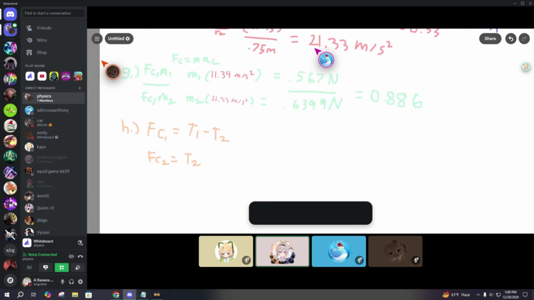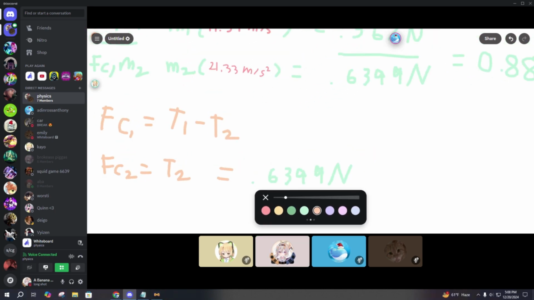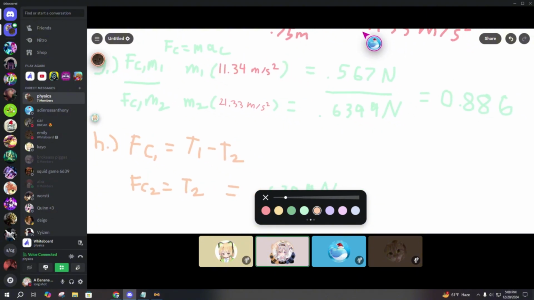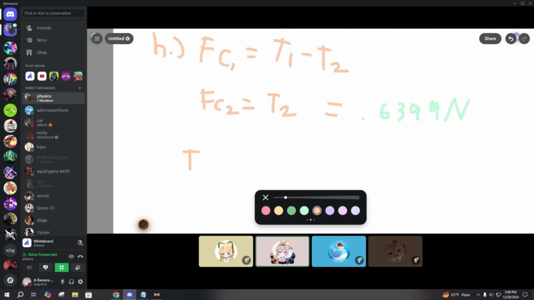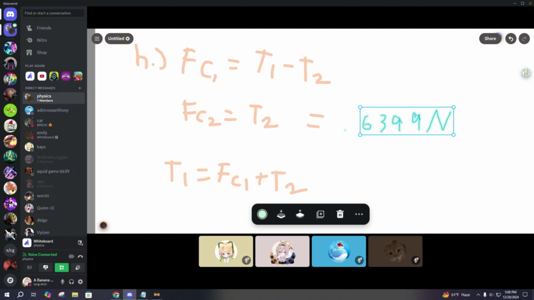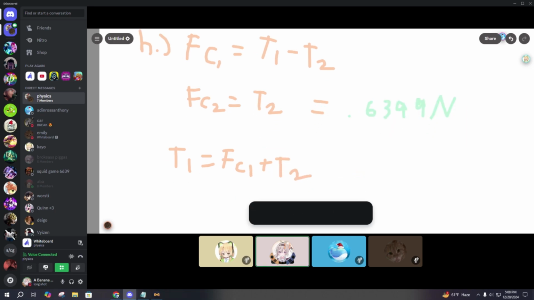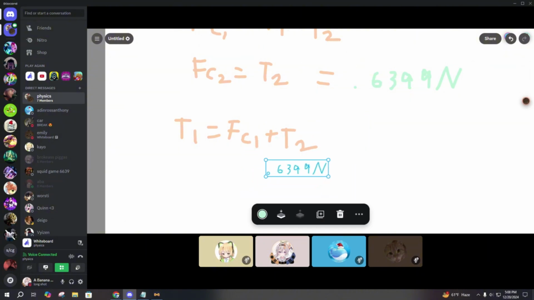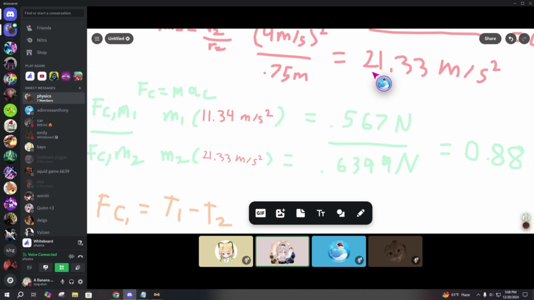So I already calculated FC2. It's FCM2, FC2. So this is what it is, and it's because of mass times centripetal acceleration. And now, to find T1, I need FC1 plus T2. So T1 is equal to FC1 plus T2. Well, this is T2, and this is FC1, FCM1.